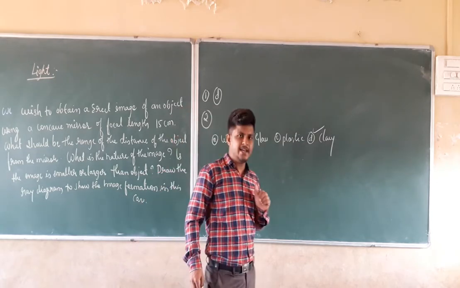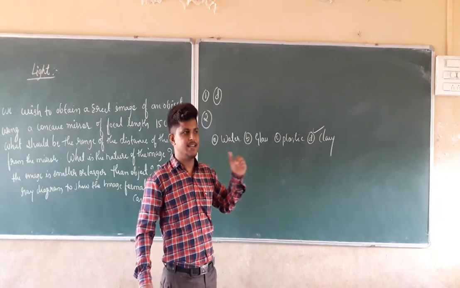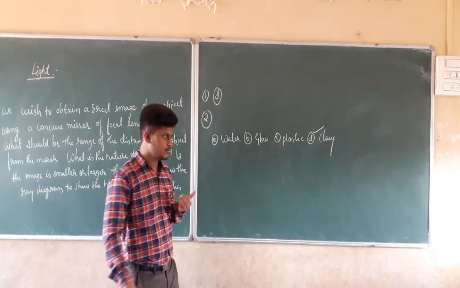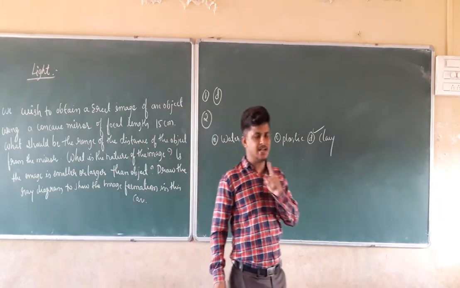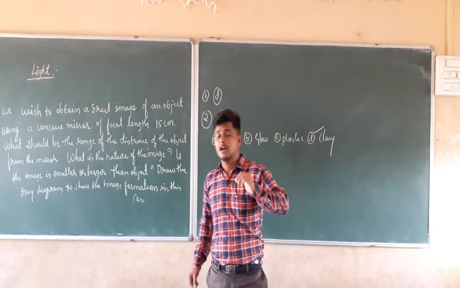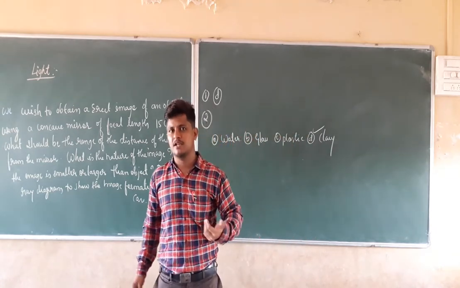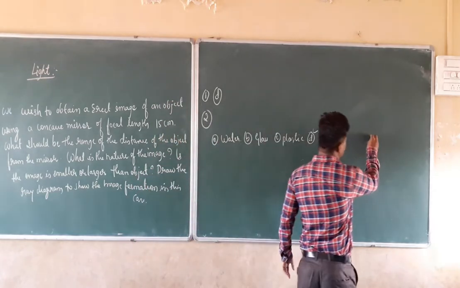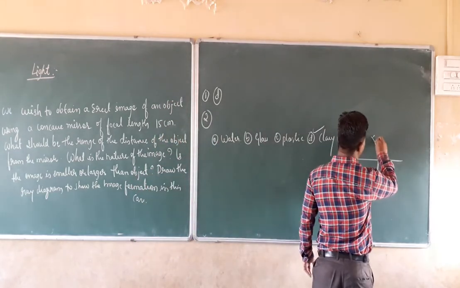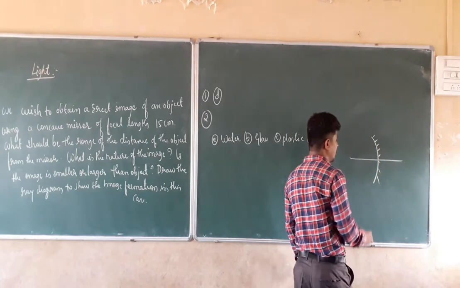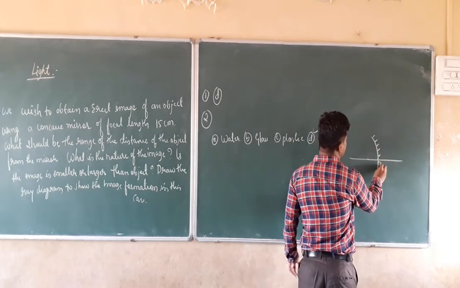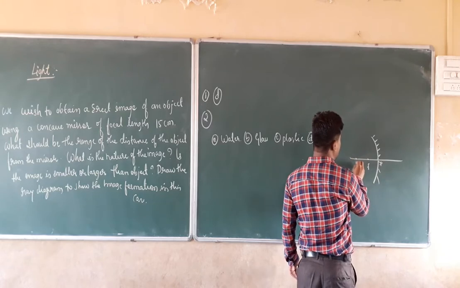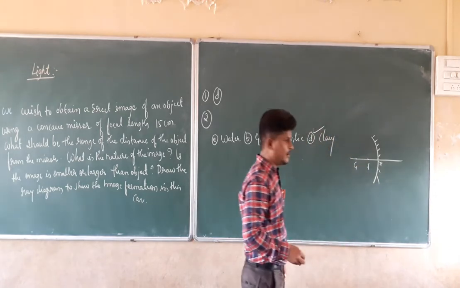If you remember the ray diagrams for each and every case, in the case of a concave mirror, in only one condition is it going to produce a virtual image as well as an erect image. Which condition is that? Remember the ray diagram for the concave mirror: this will be the pole, this will be the principal focus, and this will be the center of curvature.